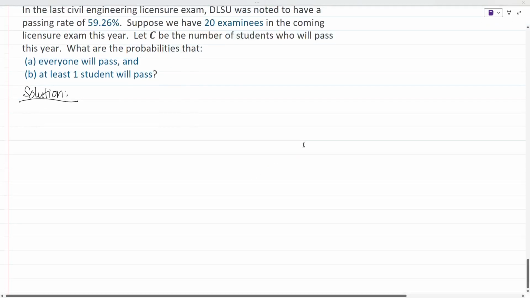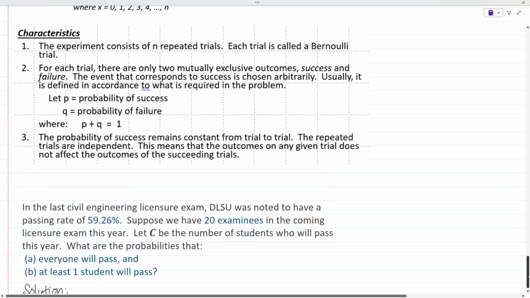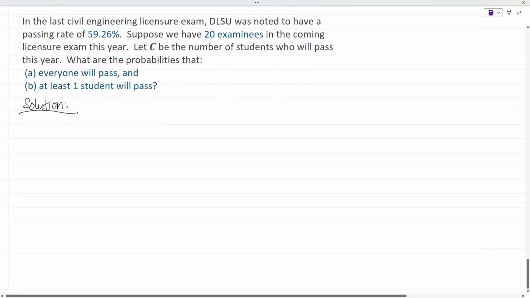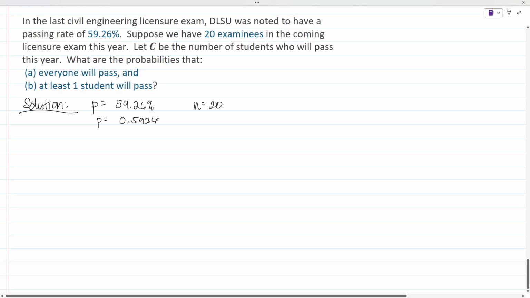So you can see here that the probability of success is equals to 59.26% or P is equals to 0.5926. Gawin natin siya in decimal point. And then we have N here is equals to, since 20 lang naman, so 20 lang din yung examiners natin. And then, so 20 lang yung N natin.